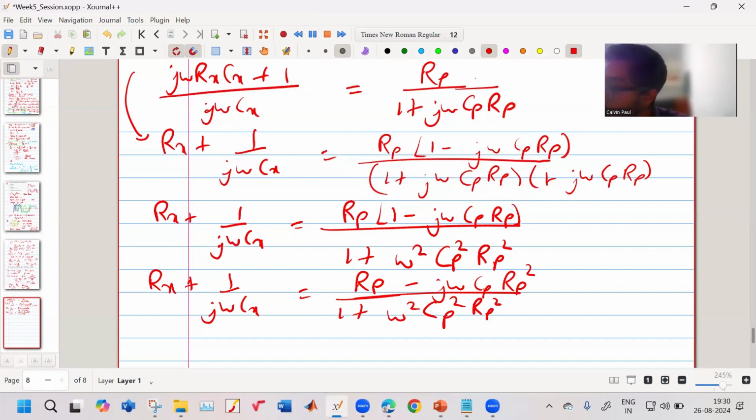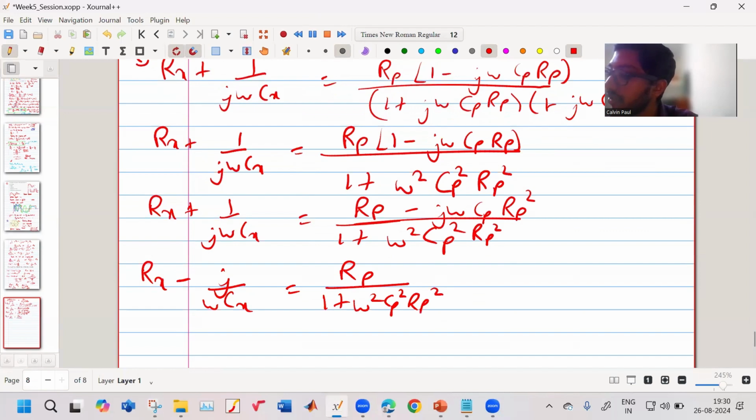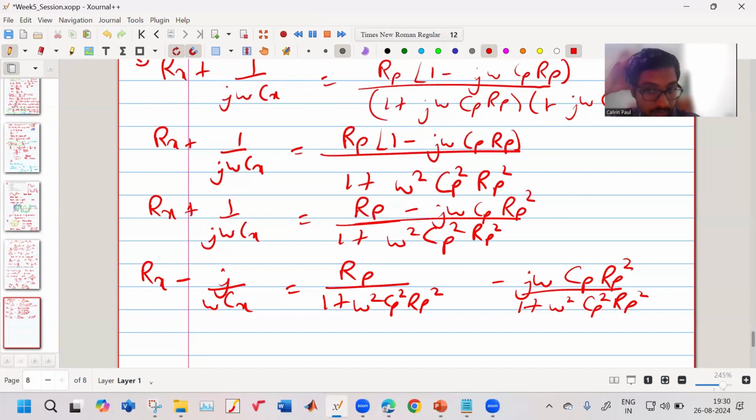So now what do I know? So this I can write as Rx minus j upon omega Cx is equal to Rp upon 1 plus omega square Cp square Rp square minus j omega Cp into Rp square upon 1 plus omega square Cp square into Rp square. Right? Any problems still here?